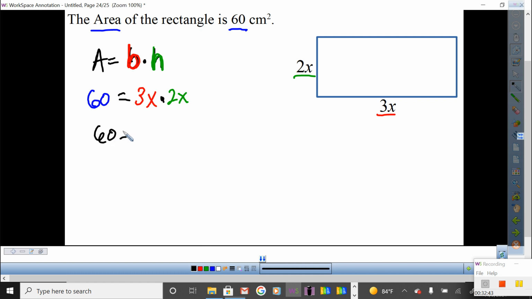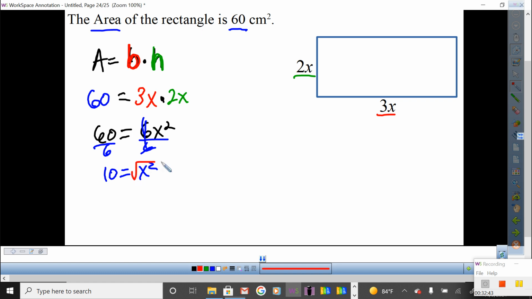Here we go. 60 equals 3x times 2x, that's 6x squared. It's a quadratic. And we found out that the easiest to do is what? Square root. So leave x squared by itself. So what do we do? Divide by 6, divide by 6. We end up with 10 equals x squared.